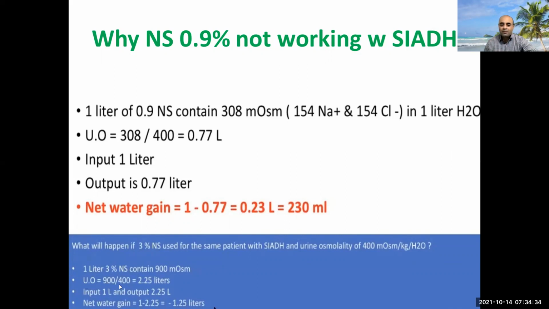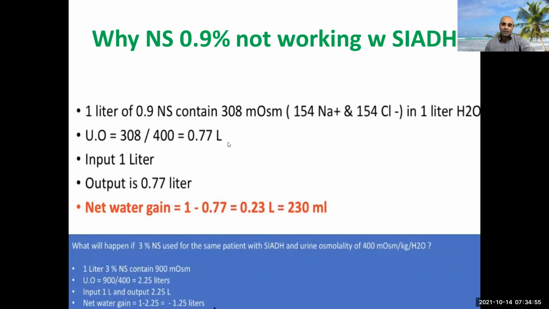And urine output will be that divided by urine osmolarity, around 2.2 liters. 1 liter input and urine output 2.2 liters, you are already negative, minus 1.2 liter. So hypertonic saline works with SIADH, not normal saline.